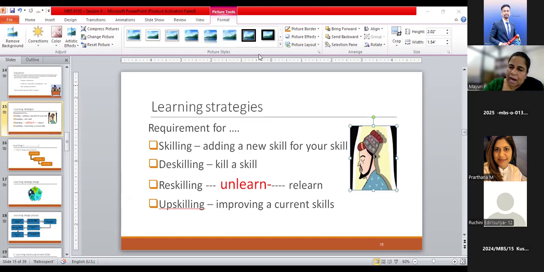Are they allowed to do those? No, ma'am. They are not allowed to do that. That is an example of de-skilling. I'm telling you this is not done intentionally, but it happened in the organization.